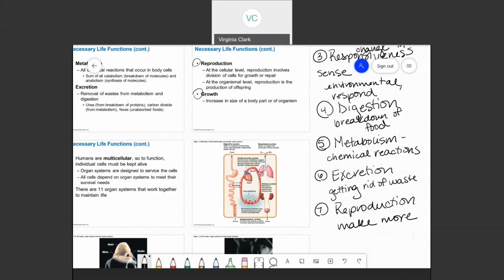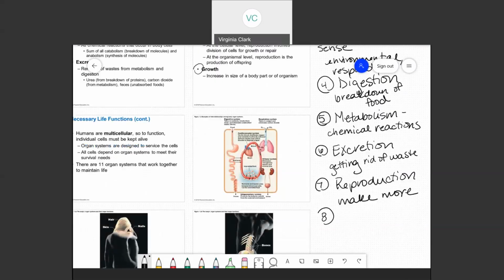And then the last thing that you're going to need is going to be growth. From a human perspective, we are born as somewhere between the range of 6 and 10 pounds. And then we do not stay that size. We grow, we increase in our size.